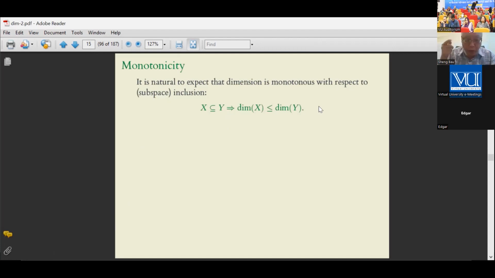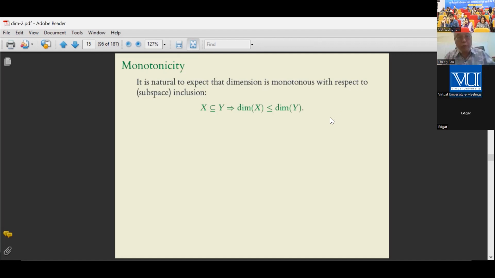This is why I was remarking when I saw the Lebesgue dimension, because it requires the subset to be closed. Of course, the whole space is also closed, that's fine, but you cannot really say that every subspace of a normal space satisfies this monotonicity.